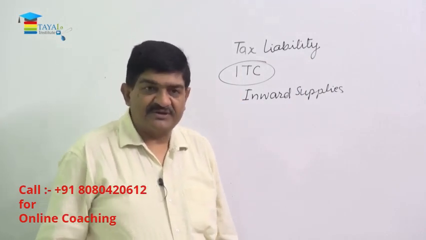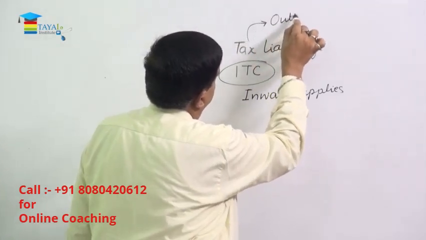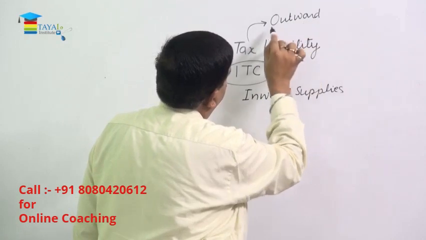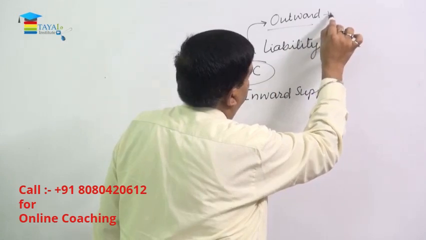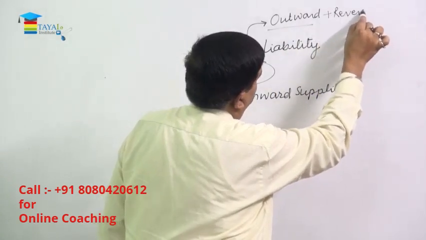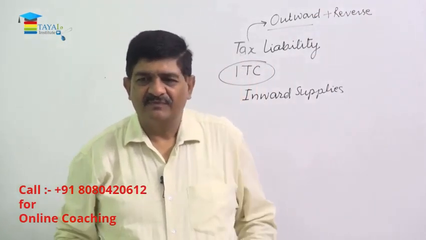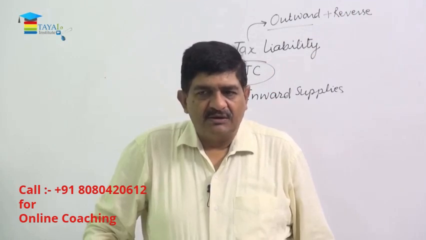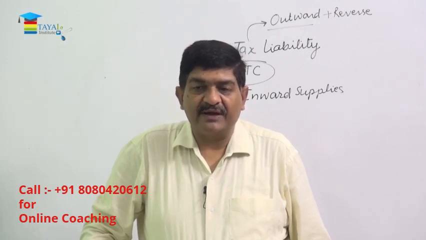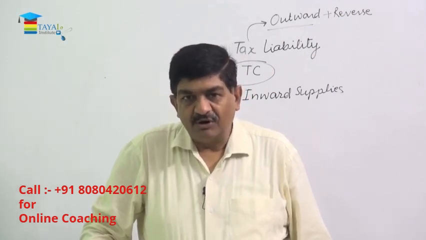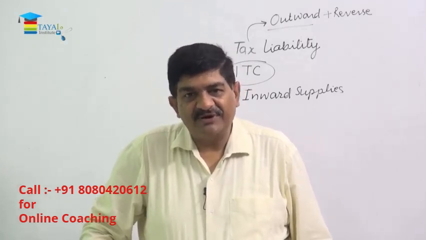For computation of the tax liability, this is outward supply plus reverse charges if applicable, right? And what is being supplied? In case of goods, whether you are supplying as it is what you procured or there is any process of manufacture. If there is a manufacture, keep a record of that as well.